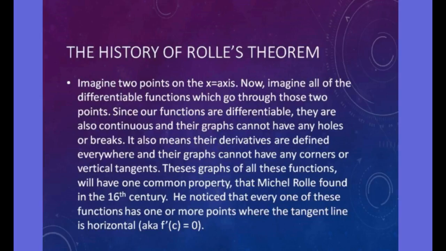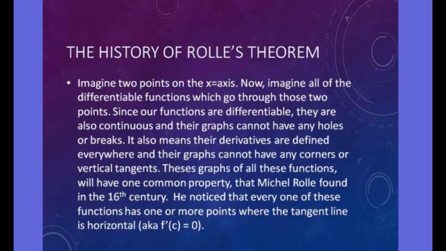Since our functions are differentiable, they're also continuous, and their graphs cannot have any holes or breaks. So what it means is that their derivatives are defined everywhere, and their graphs have no corners or vertical tangents. These graphs of all these functions have one common property, which is that f prime of c must equal 0 for some value of c.